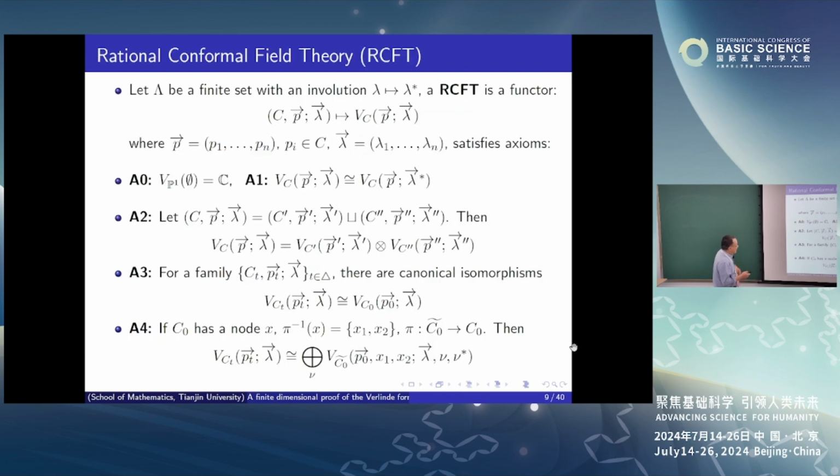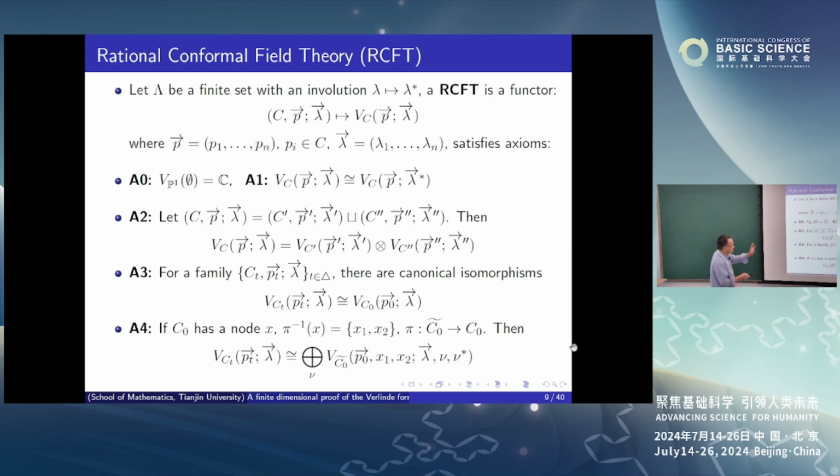Okay, why? How is it related to physics? I'm not an expert in physics, but one can formulate it in a mathematical way. The so-called theory: fix a finite set, with an evolution.